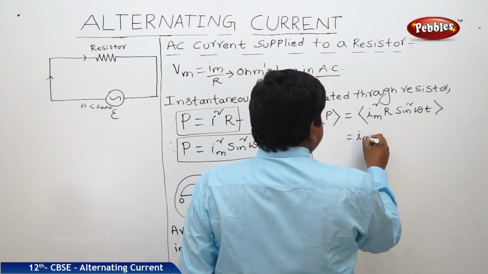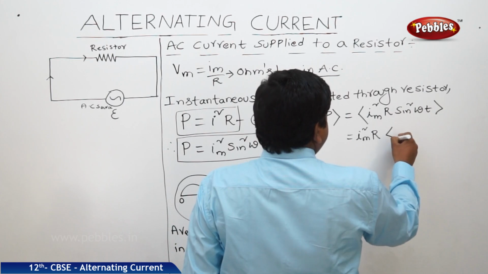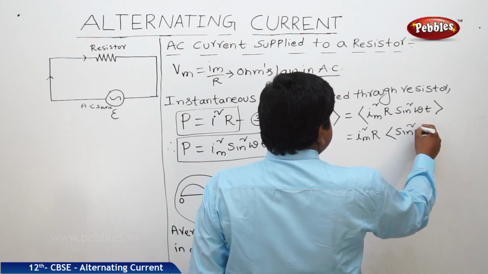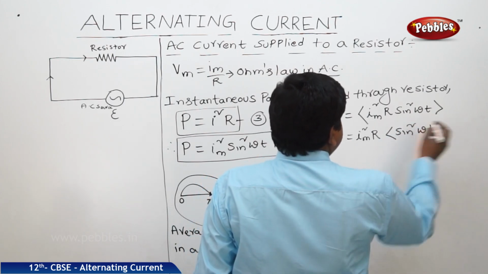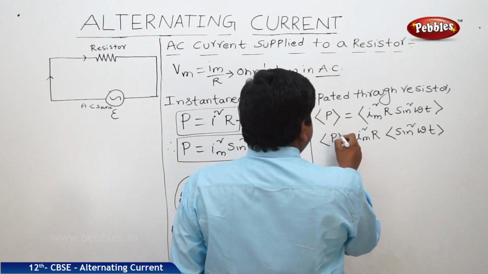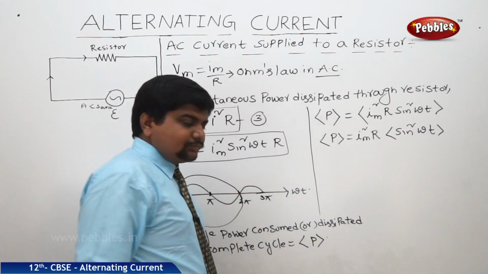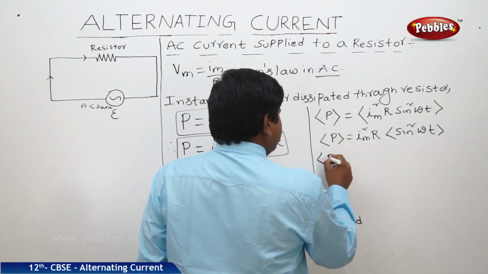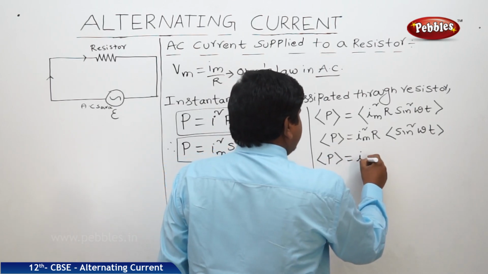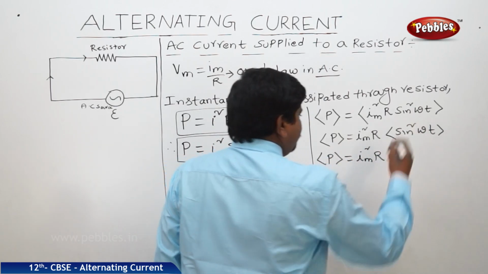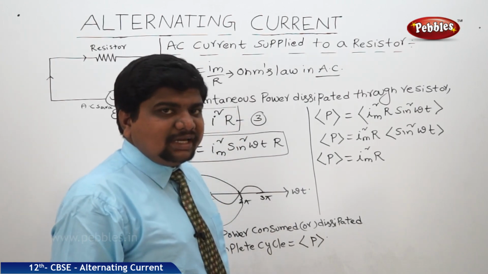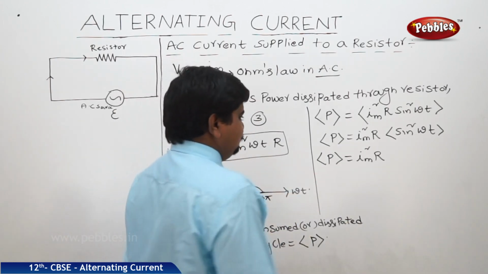I am writing Im square R outside and I am finding the average value of sin square omega t. So therefore again average value of P is equal to Im square R into what is sin square omega t? 1 minus cos 2 omega t by 2.